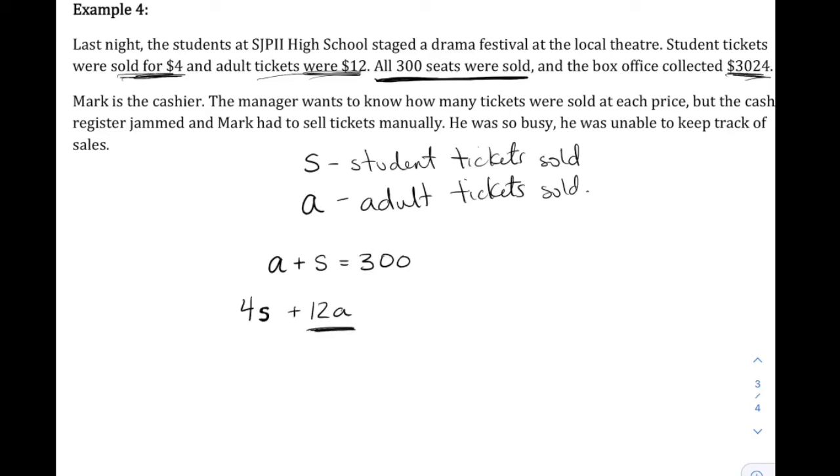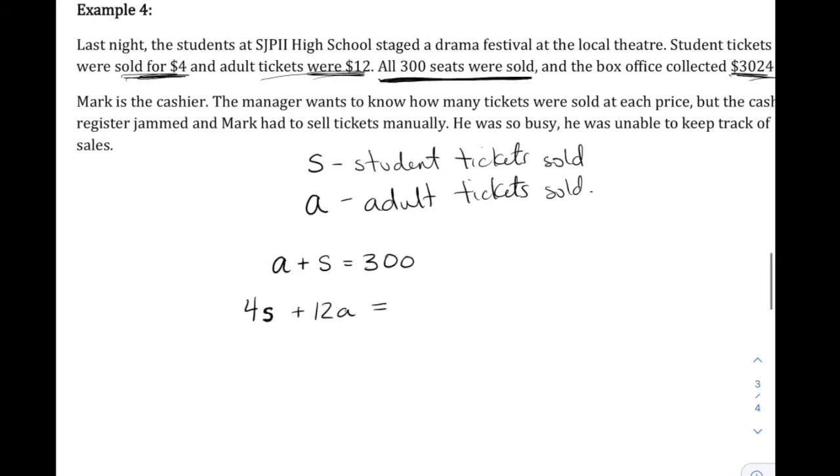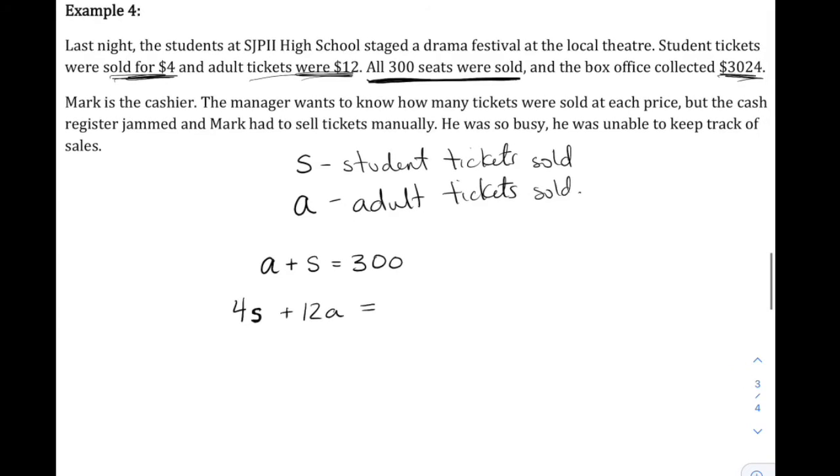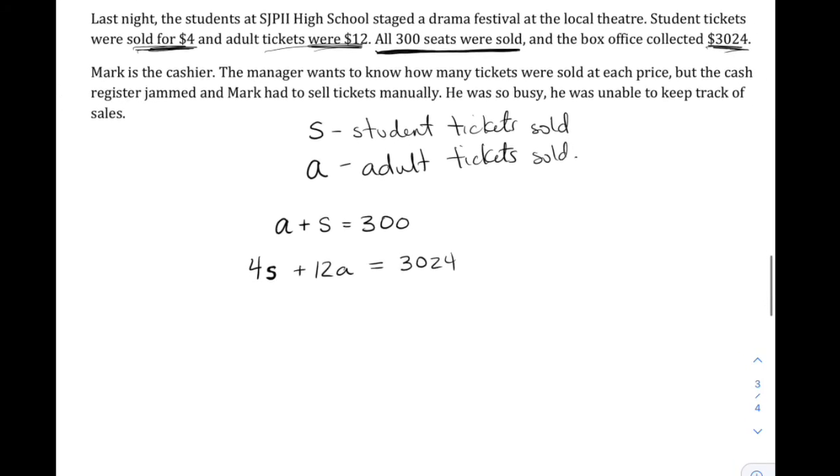If 100 adult seats were sold, 12 times 100 will tell me how much money we earned from adult tickets. And together, if I add up the money earned from student tickets and the money earned from adult tickets, we know that we earned $3,024. So those are our two equations that we're going to try to solve.